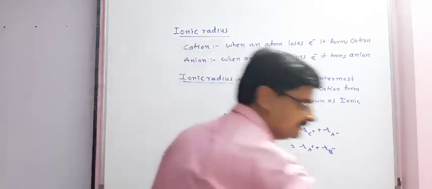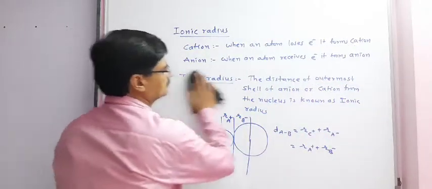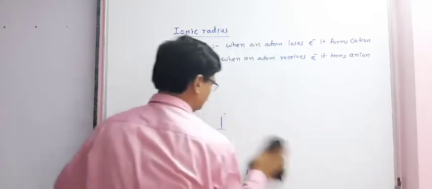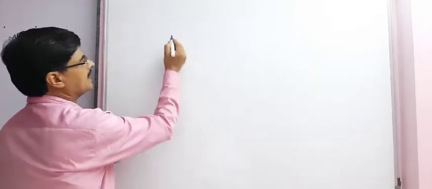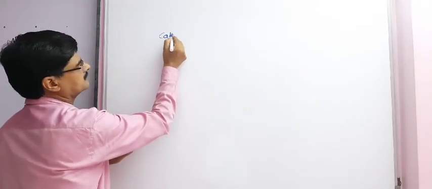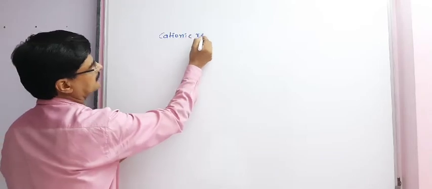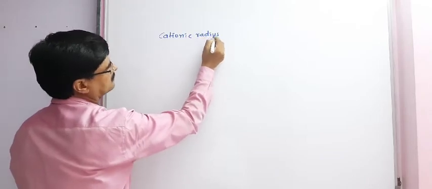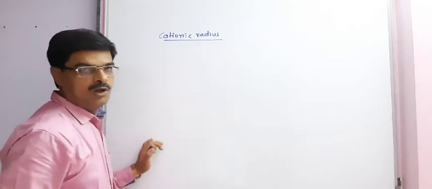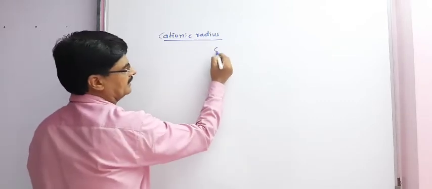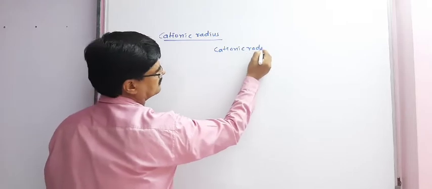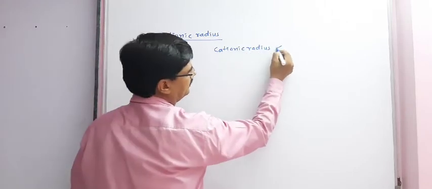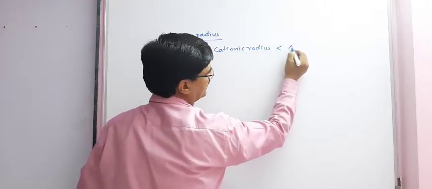Now we will study cationic radius. Always remember that cationic radius is smaller than atomic radius.